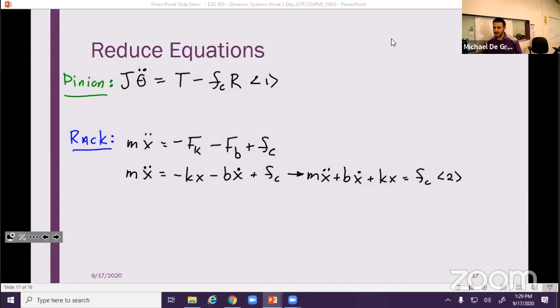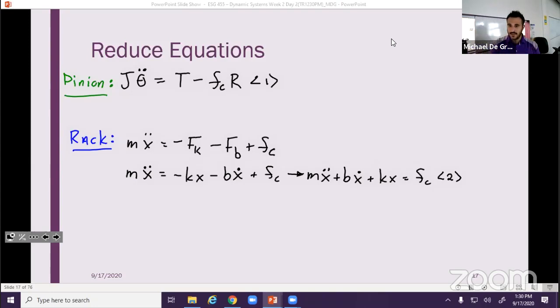Second of all, you're going to destroy all of your sensors, right? So there's no good way of measuring that force. Now, there are really good ways of measuring the positional change of the rack or the positional change of the pinion, right? Of measuring theta or x.